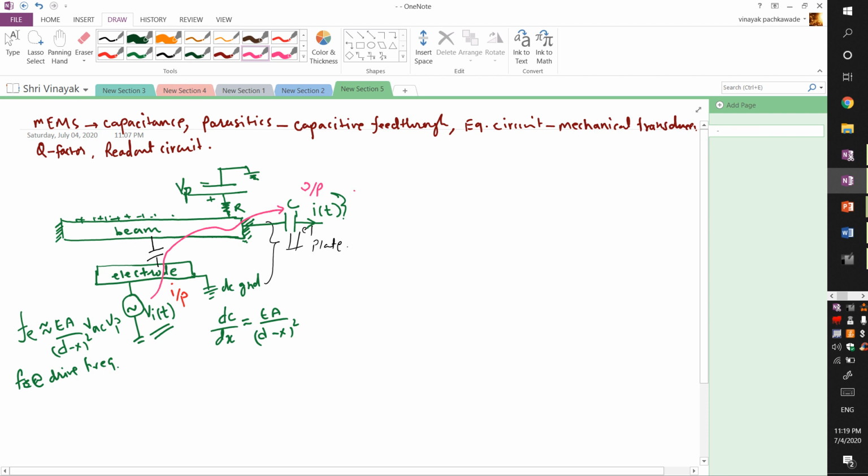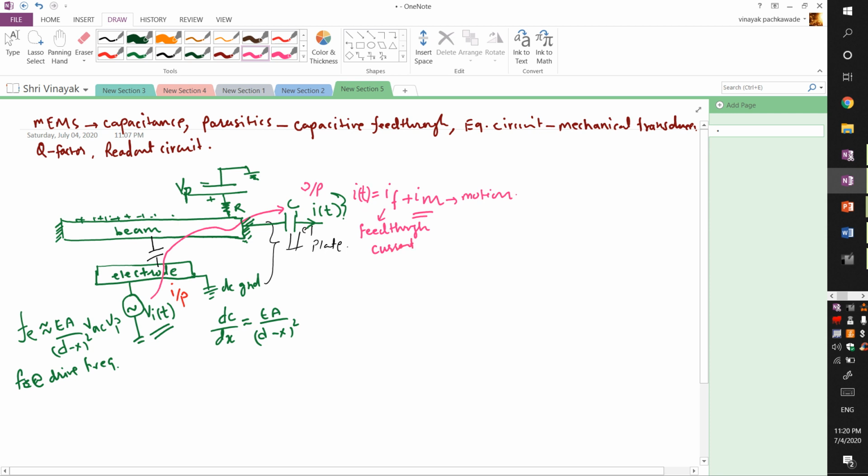So this IT basically contains two components. One is IF and one is IM. IM is called the current due to mechanical motion of this transducer, and IF is the component of current which is called the feed through current.